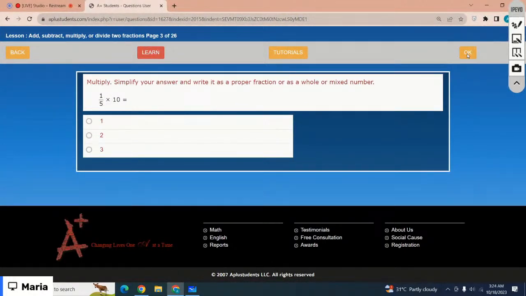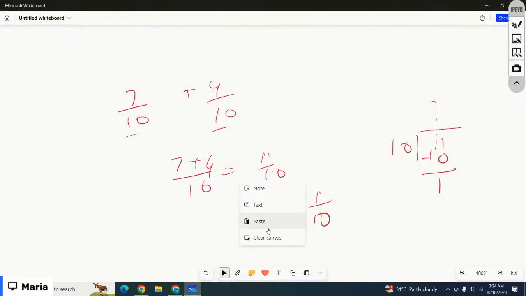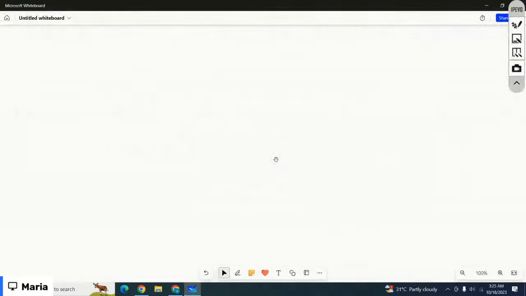Okay, multiply. Simplify your answer and write it as a proper fraction or mixed number. So how do you multiply? 1 over 5 times 10, right?